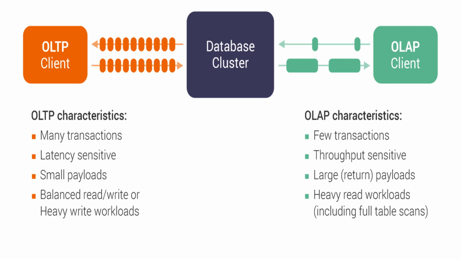That is the function of OLTP, whereas OLAP has few transactions, is throughput sensitive, with large payloads and heavy read workloads, including full table scans. It means less transactions, but it supports management decisions and so on.